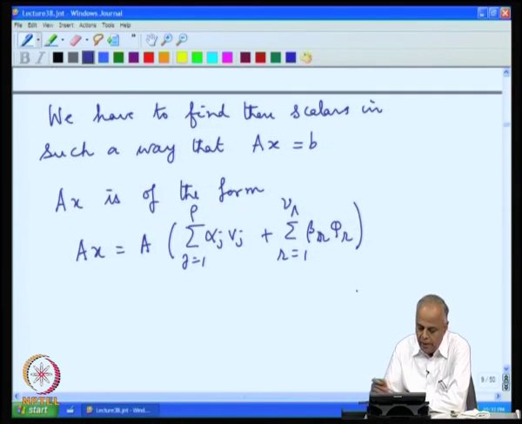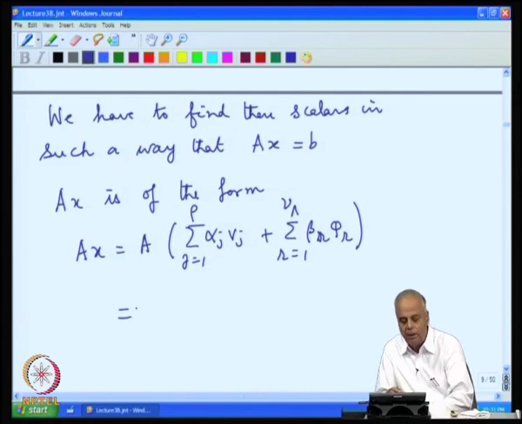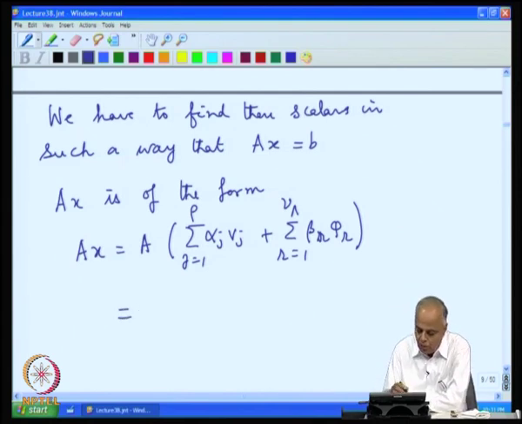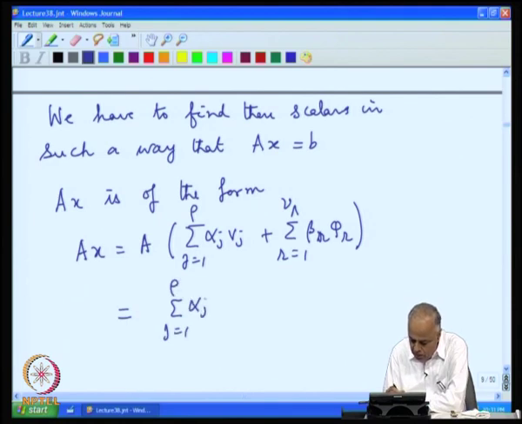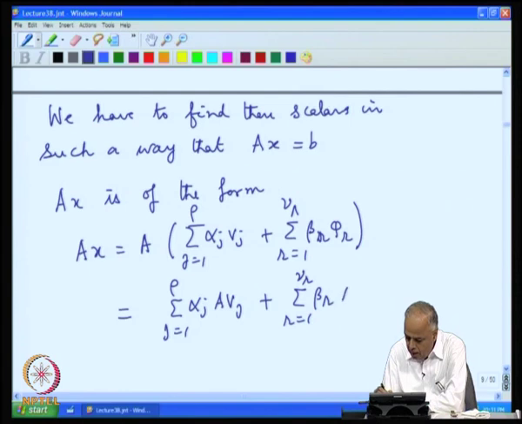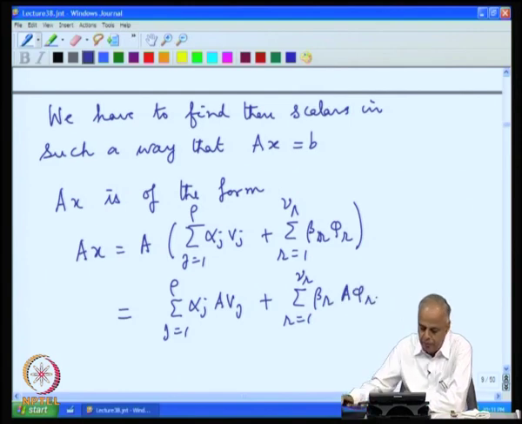Now, if we apply A, matrix multiplication is distributive. So, we have the sum over j equal to 1 to rho of alpha j, which are scalars, times A v j, plus the sum over r equal to 1 to nu of beta r times A phi r.